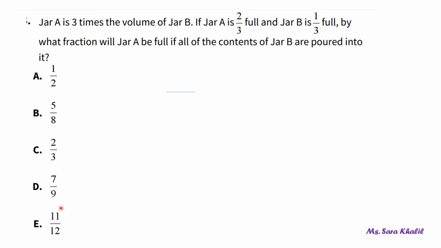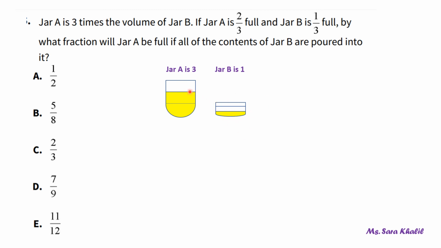Let's see how can we analyze this question, or how can we understand this question. If jar A is 3, jar B is 1 piece. Okay, so this one I drew it for you as 3 pieces. And jar B is just 1 piece, but I divided it into 3 parts. I will tell you why. So this one is supposedly equal to one of those.